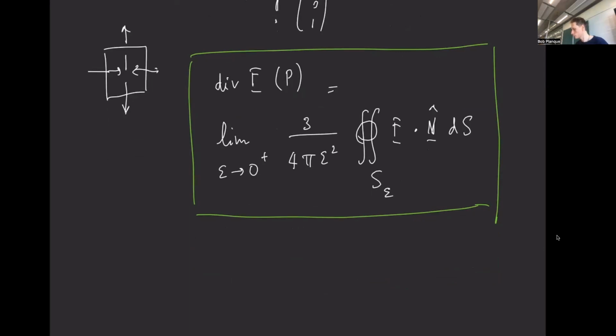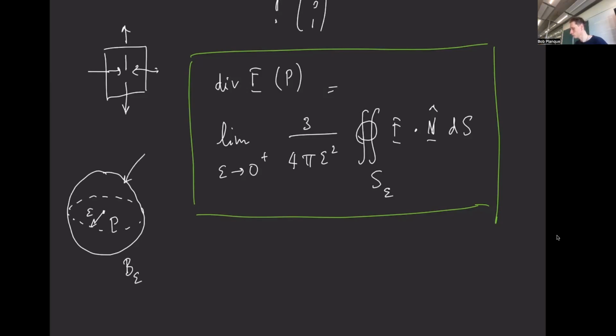So what is written here is that I have a point P, and around it I make a ball in 3D. I could have done it in 2D, but it doesn't matter. For divergence, it's all a bit the same. And this ball has radius epsilon. So this is my ball radius epsilon. And it has a surface.